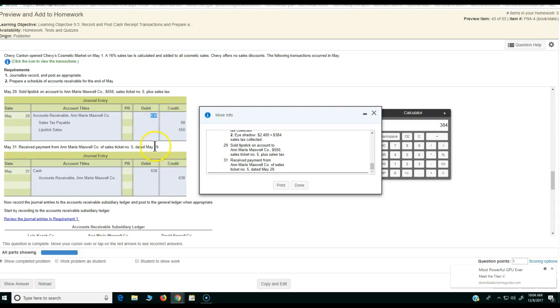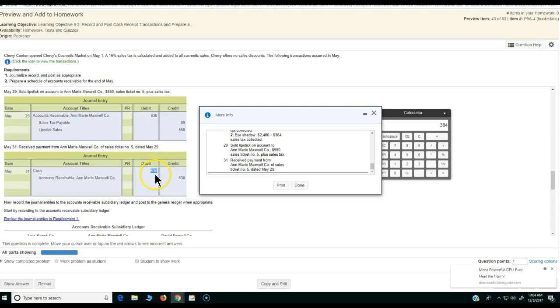And then what happened right after that? Two days later, Anne Marie Maxwell turned around and paid us the $638. So that makes things easy going out of this problem. We're in and out with an account receivable from the sale on credit, and then the collection of that amount. Mind you, we are collecting the whole kit and caboodle here.